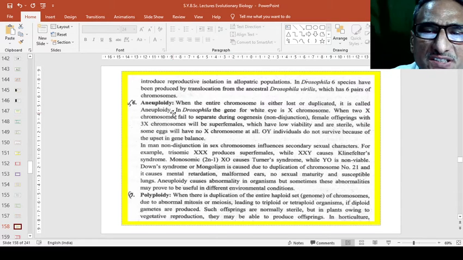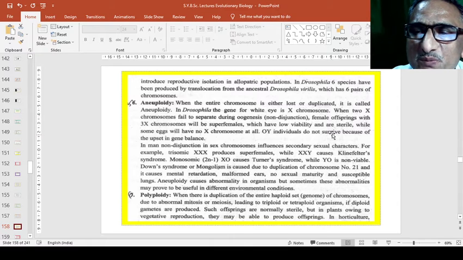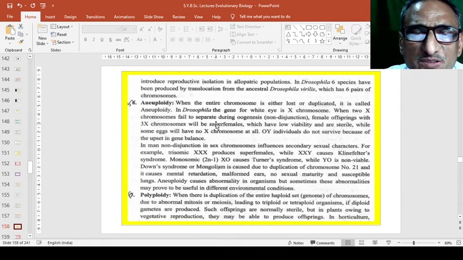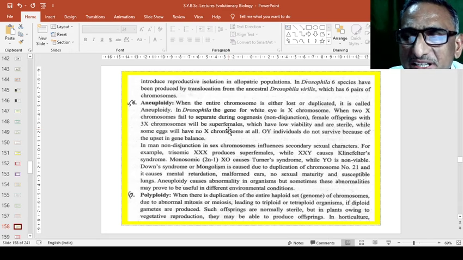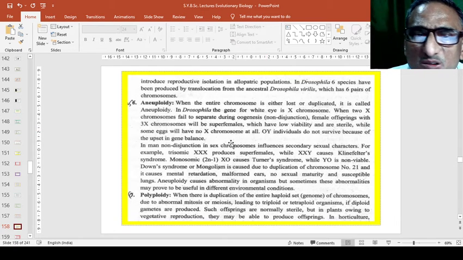In Drosophila, the gene for white eye is on the X chromosome. When two X chromosomes fail to separate during oogenesis, female offspring with three X chromosomes will be super females, which have low viability and are sterile, while some eggs will have no X chromosome at all.